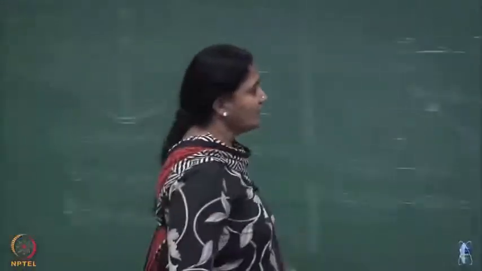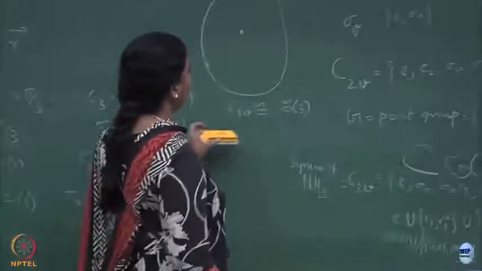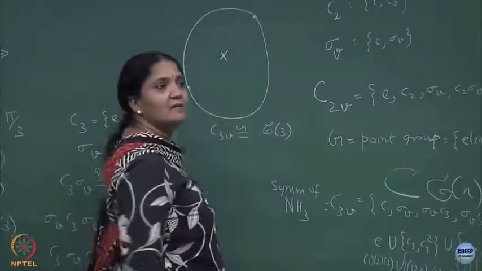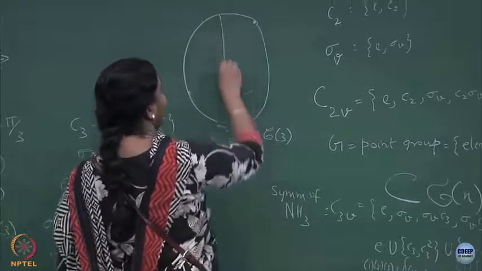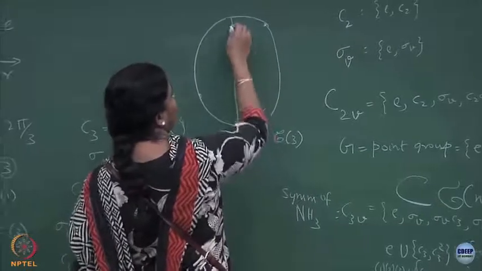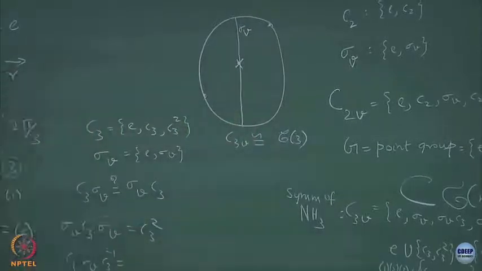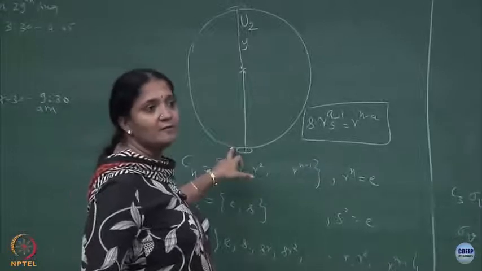Here also I should say that even though we did C3v, even if you had an n-fold axis of symmetry and a plane which contains it, by plane I mean a sigma v plane, do not confuse the sigma v plane with this axis. The two-fold axis we show by the symbol.